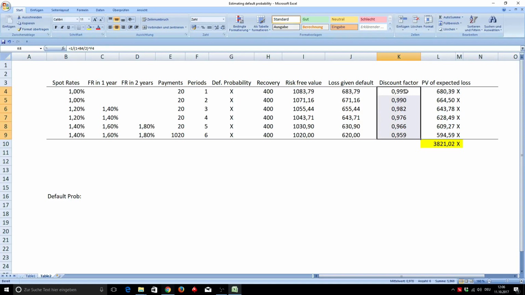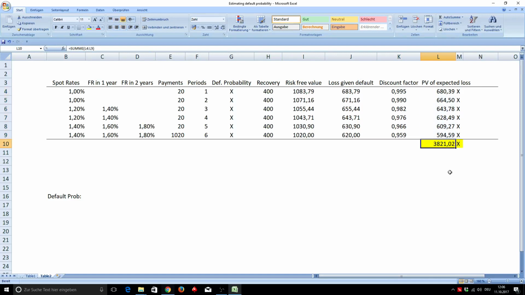And this is important here. When we calculate this discount factor, we use today's spot rates again. We do not use these forward rates anymore, because all of these payments are going to be discounted back to today, whereas here we have discounted back to a future point in time. That's why we needed the forward rates. So when we discount our losses given default, we get these values.